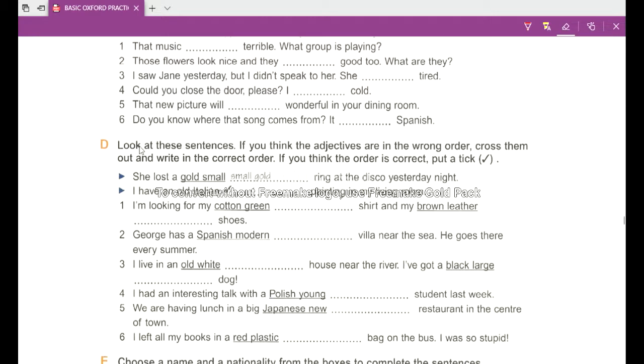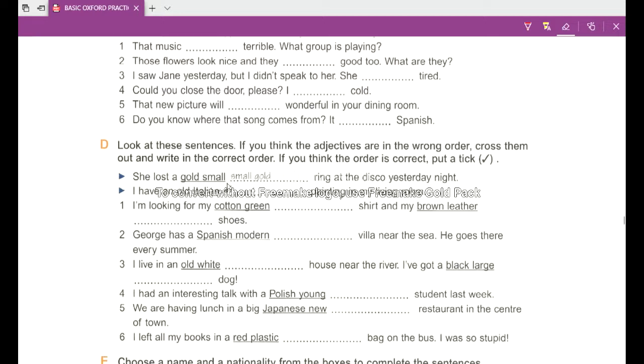D. Look at this sentence. If you think the adjectives are in the wrong order, cross them out and write in the correct order. If you think the order is correct, put a tick. Okay? Remember, we talked about the order of the adjectives. For example, here, "she lost a gold small"... small gold. Okay?